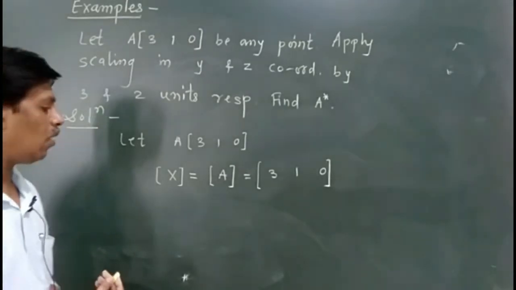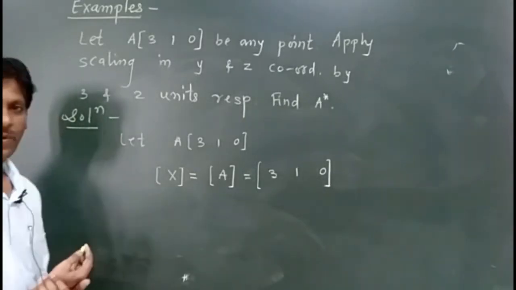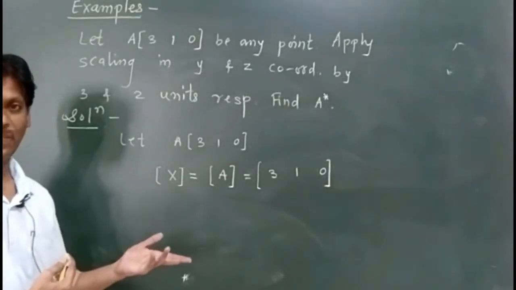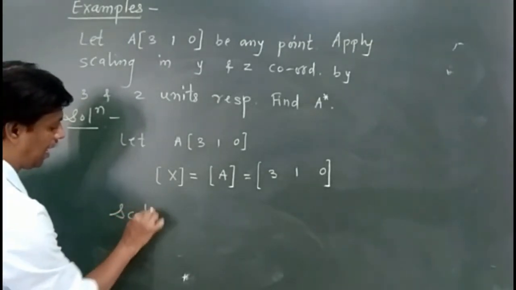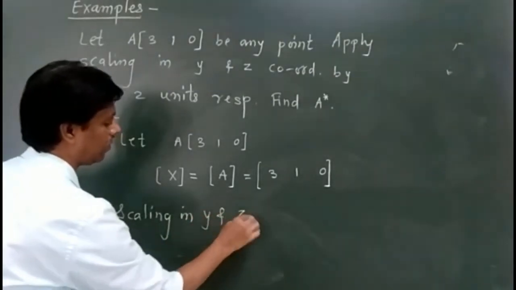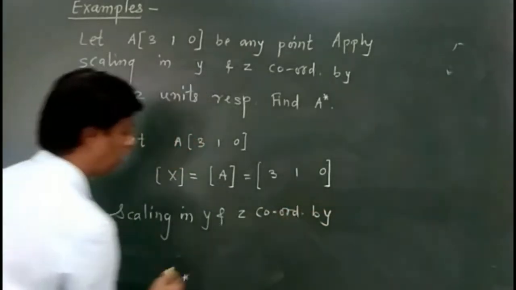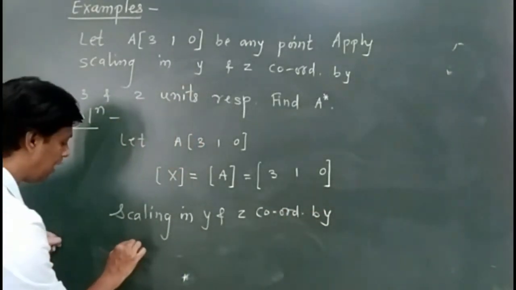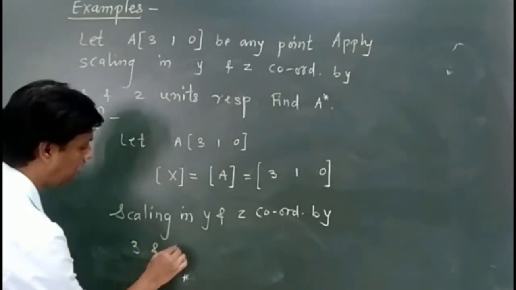Okay. Now the transformation matrix. Now what is the transformation matrix? The scaling transformation is given here. Okay, so scaling in y and z coordinate. Scaling in y and z coordinate by how many units? By 3 and 2 units respectively.